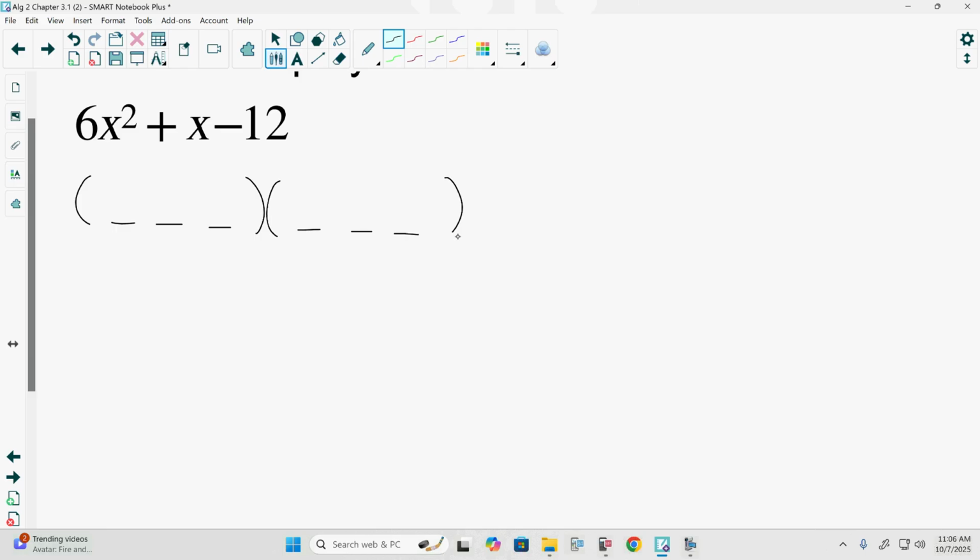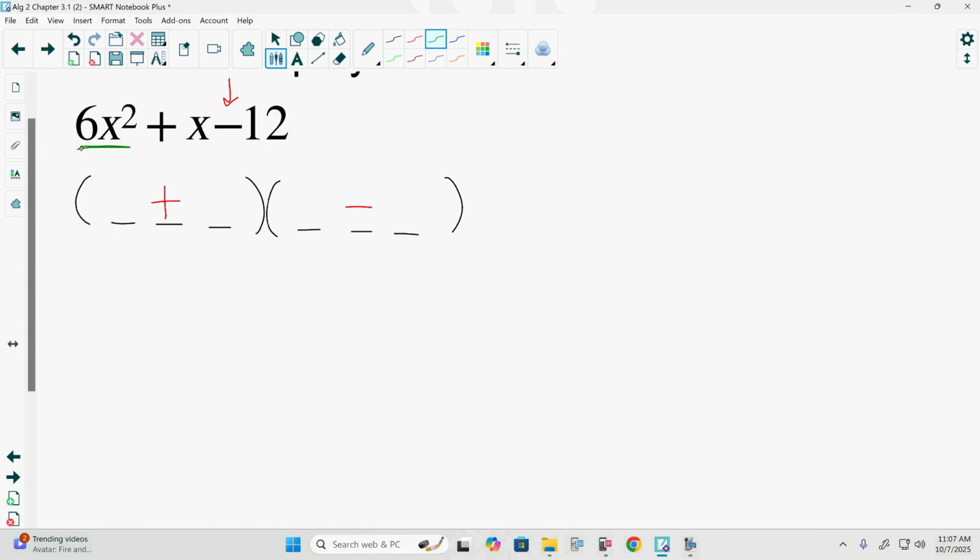There is no greatest common factor. So we have our two sets of parentheses with 3 spaces. If the third term is positive, the signs are the same and match the sign of the middle term. Third term's negative, the signs are opposite. Here, our third term is negative, so our signs are plus and minus.